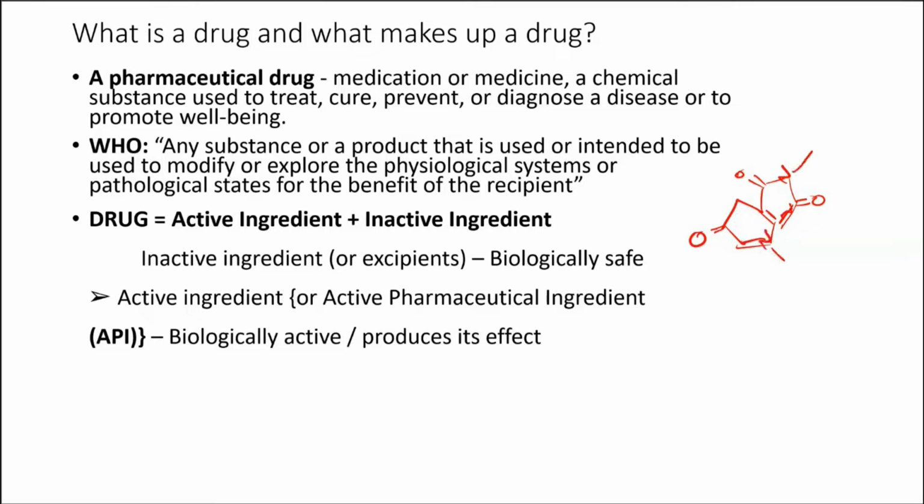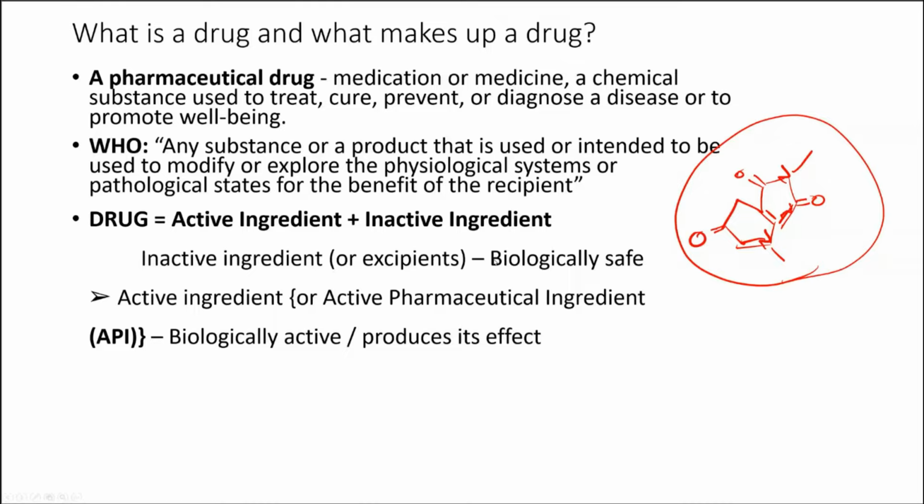So if you take a pill that's marketed as a caffeine pill, the active ingredient is caffeine. Most of the pill is not caffeine. A large majority of the pill, and it depends on which drug in terms of percentages, is inactive ingredients. So every medication has inactive ingredients. These inactive ingredients are biologically safe.